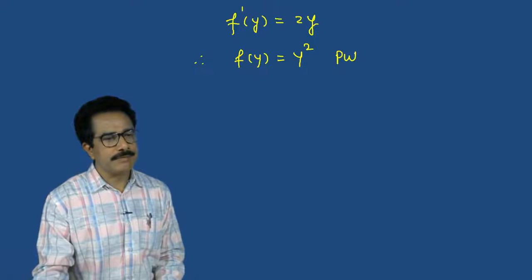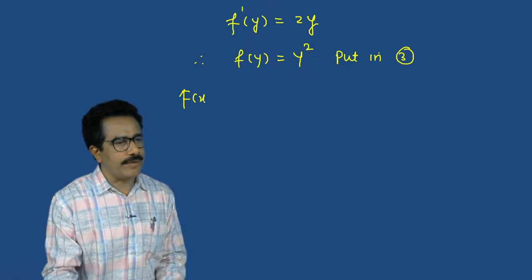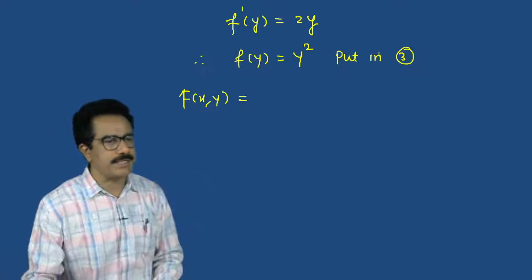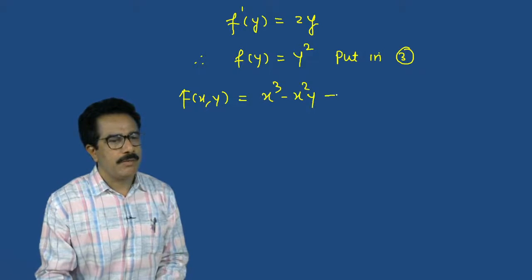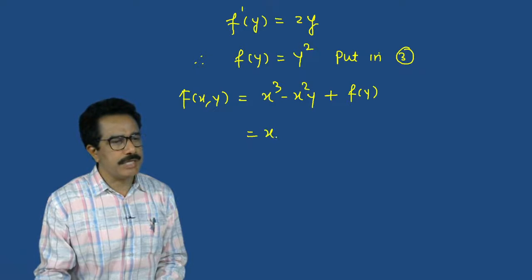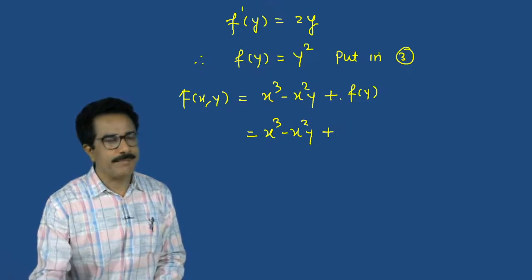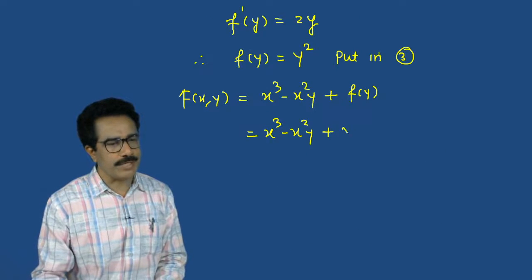Put in 3. याचं इंटिग्रेशन घ्या. Therefore capital F of x comma y which is equals to, आता 3 इक्वेशन, x cube minus x square y plus f of y, that means x cube minus x square y plus f of y, means how we can write, that is 2y, that is y square.